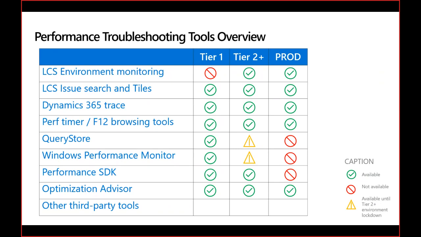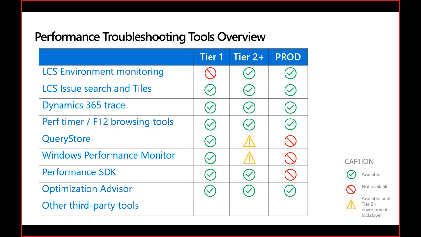This tool will be demonstrated soon by Jeff. Another tool I will highlight later after the demonstration is LCS Issue Search and Tiles. Then Marcus will demo Dynamics 365 Tracing and the Perf Timer tool and F12 browser tools, typically inside the browser. These tools are not new, definitely not the tracing, but still there are a lot of questions and people not always knowing how to use or analyze a trace, or how to start analyzing.